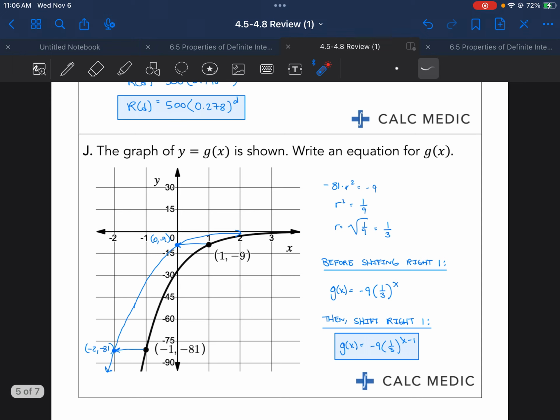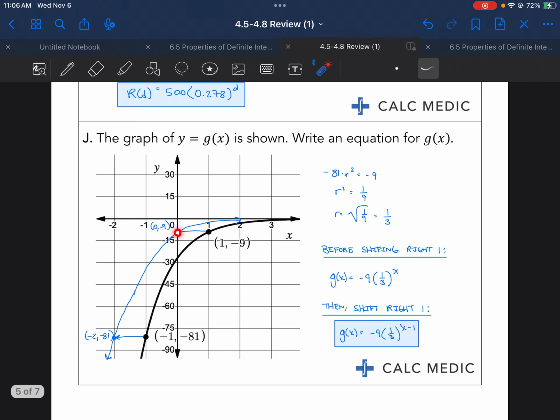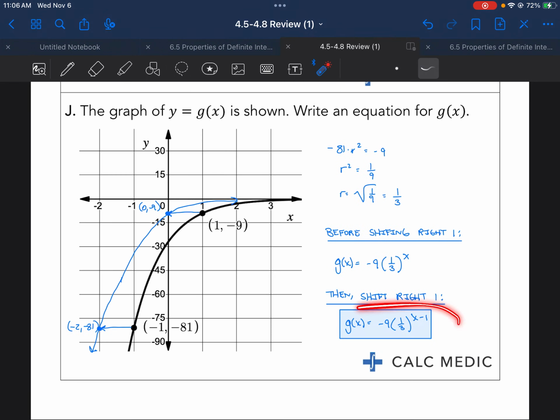So before shifting it to the right one, for this blue function here, the function would be y-intercept -9, common ratio of 1/3 to the x power. But that would give me the equation in blue. Now I just shift the equation in blue to the right one, and I can get this right here. -9 times 1/3 to the x minus 1 power. And this is just one correct version.